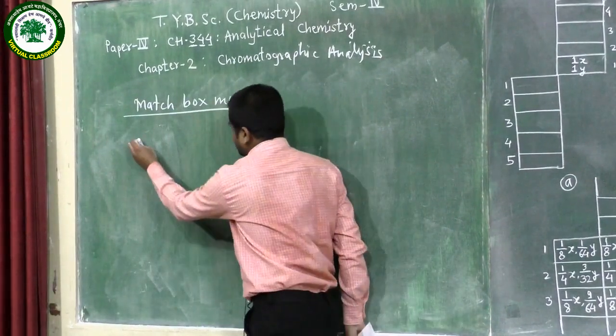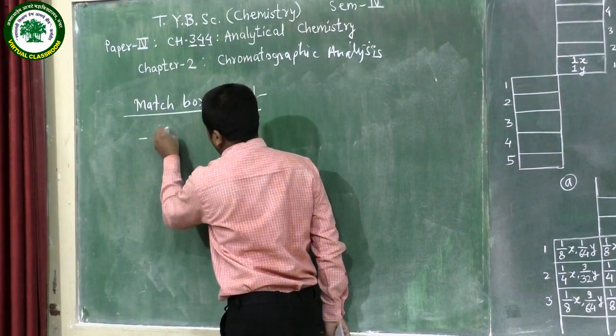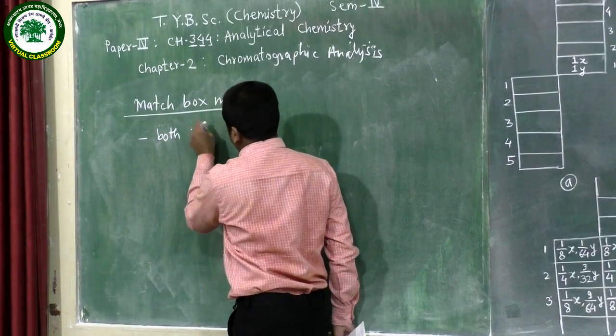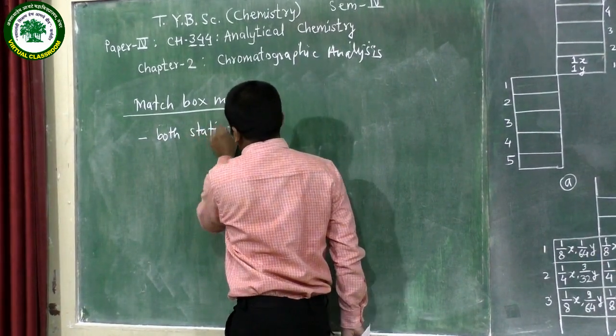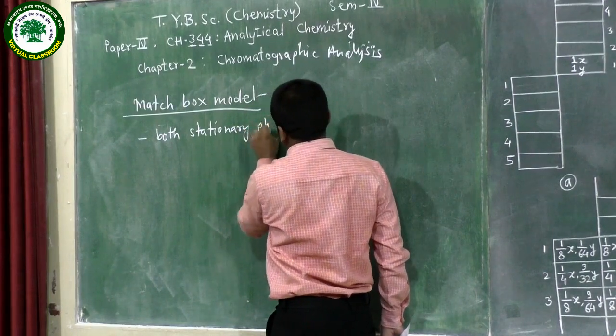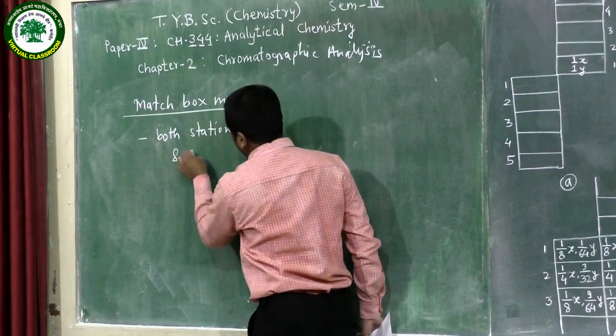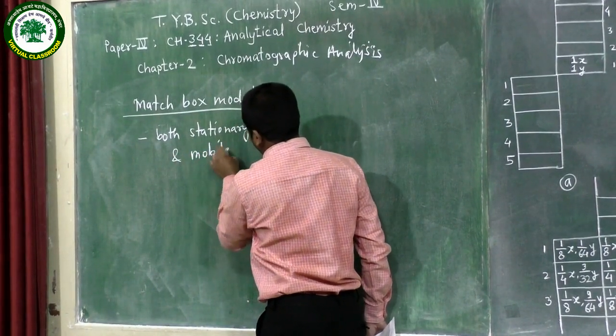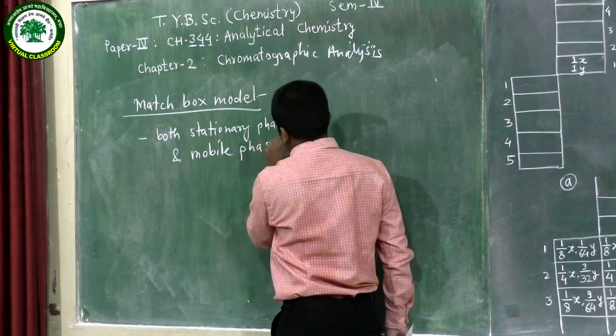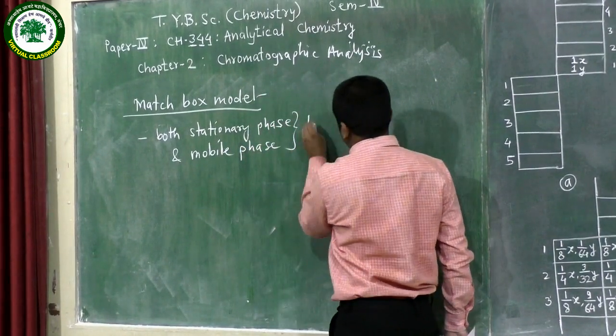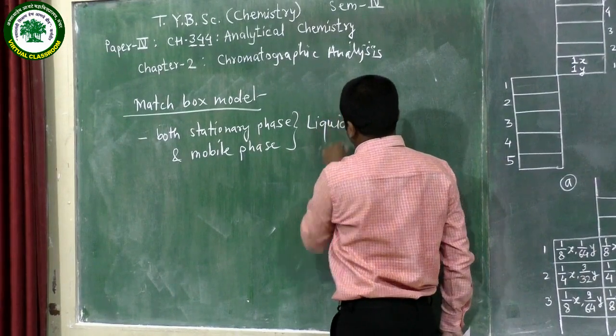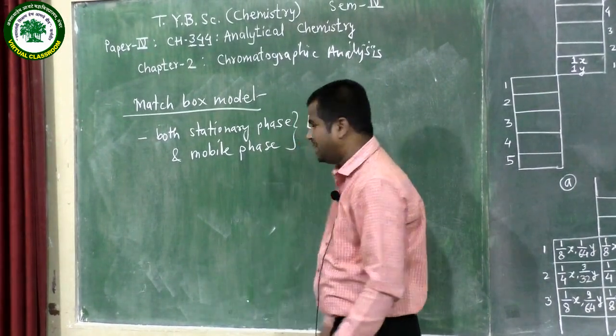In this matchbox model, both the stationary phase and the mobile phase are liquids, and they are immiscible in nature.